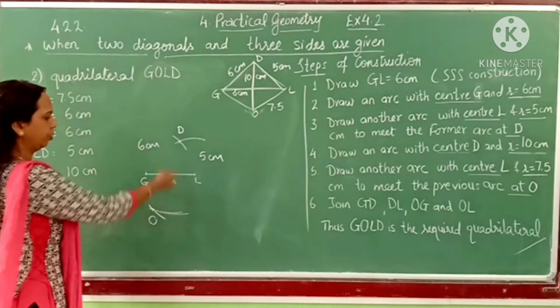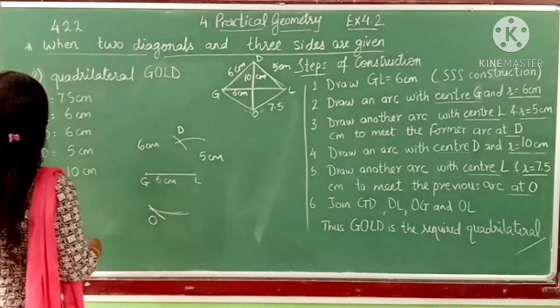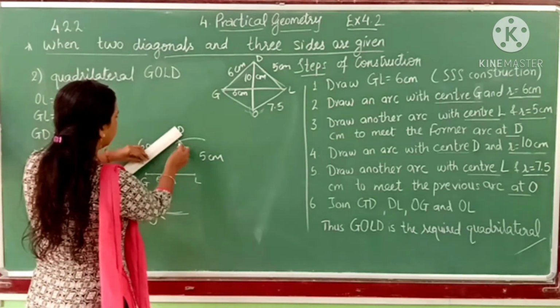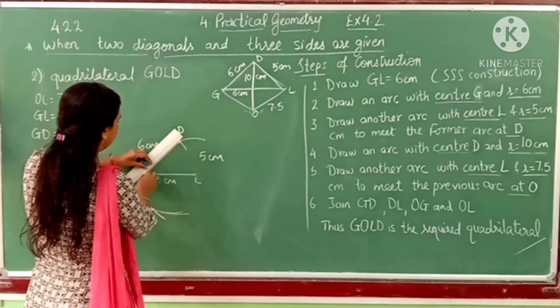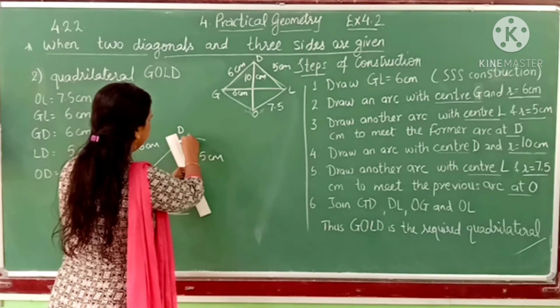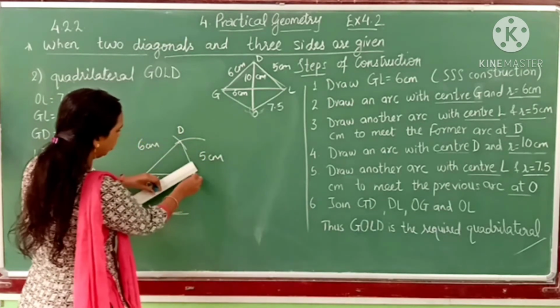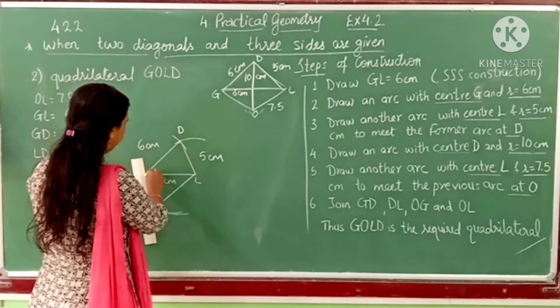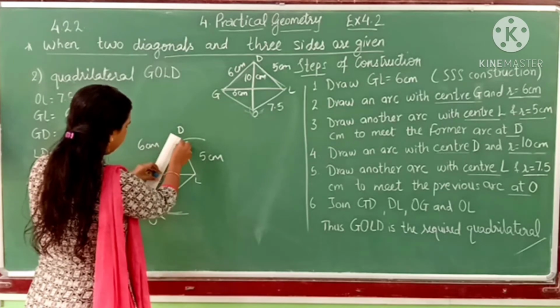Now what you can do, now you can join LD, GD, LD. Here also you can join OL, OG, and here it is OD.